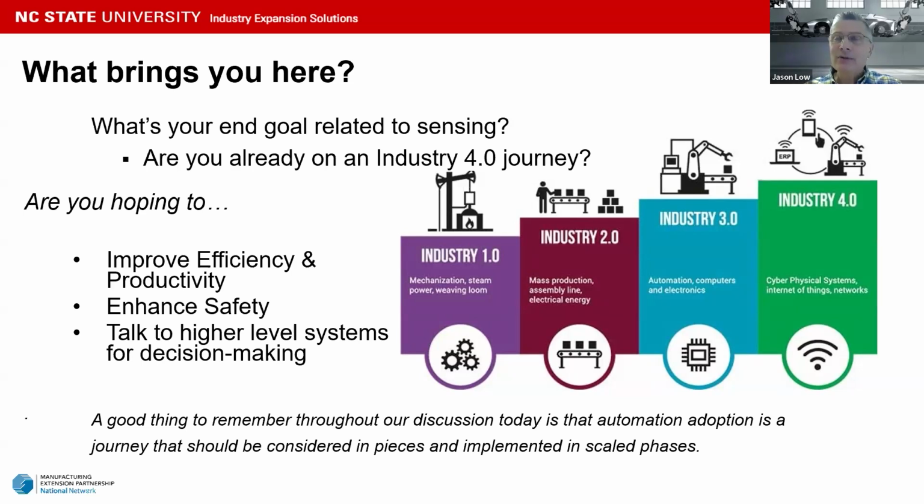So as we bring higher levels of automation, maybe it's robots, maybe they're autonomous robots. We had a previous talk about mobile robots. So as we introduce these higher end devices into manufacturing, we need to be cognizant of safety, especially when they're autonomous. So there could be a reason there to talk about smart sensors.